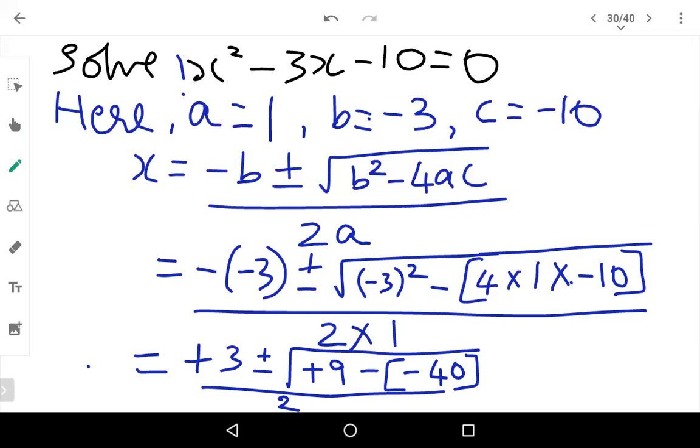Now in the next step, for the simplification, plus 3 will remain the same, plus or minus square root, and minus into minus will be taken. So minus of minus 40 is nothing but plus 40.